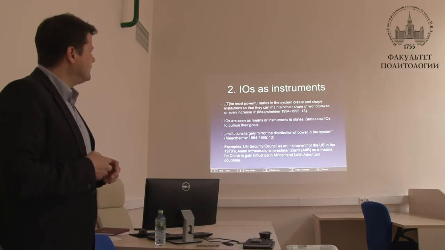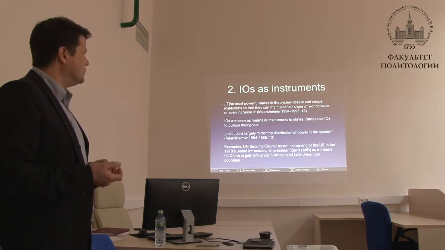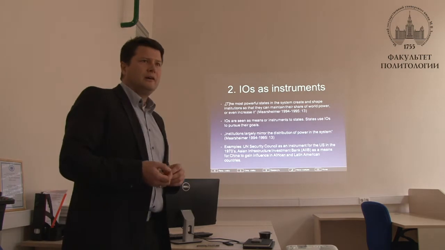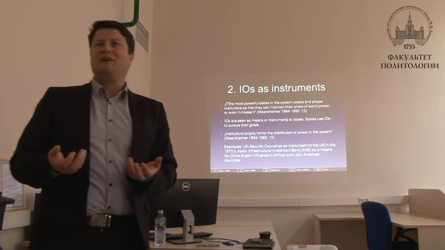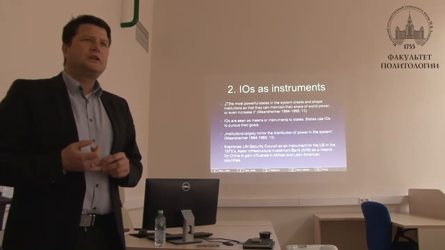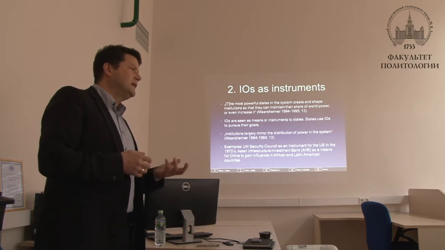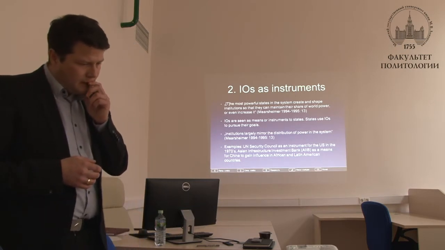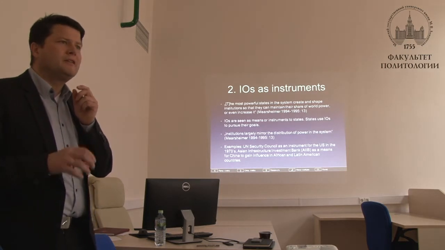The Asian Infrastructure Investment Bank, AIIB, has been seen as a means for China to gain influence in Africa and Latin America. How does this take place? Well, it's basically a mirror organization to the World Bank. And China usually does things like building a railroad between African cities like Nairobi and Mombasa.